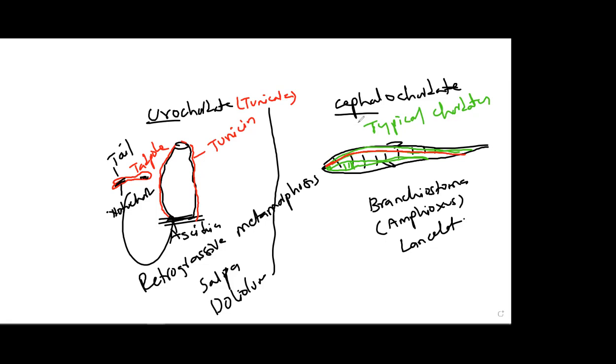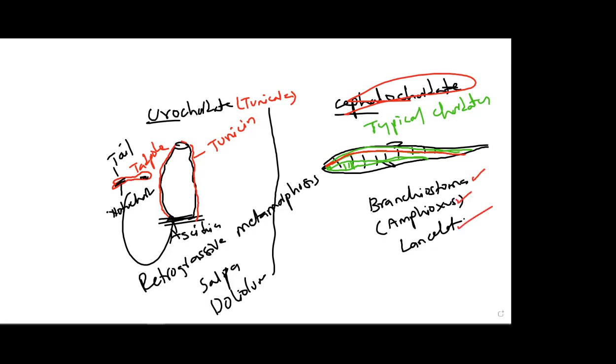Already we know, cephalo means head. As the notochord extends into the head, the name given is Cephalochordata. Example, Branchiostoma, other names Amphioxus or lancelet.